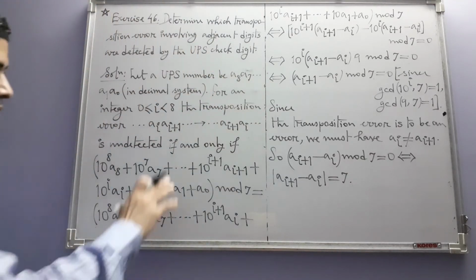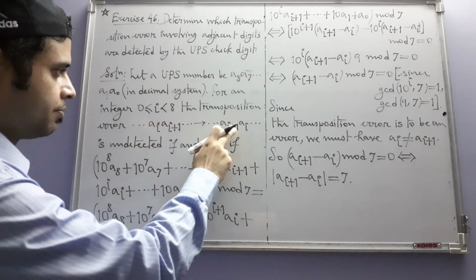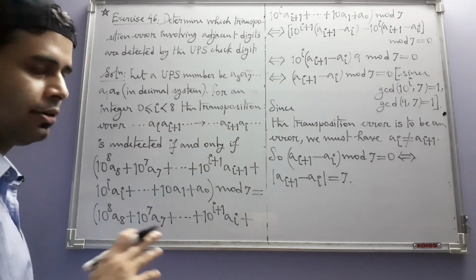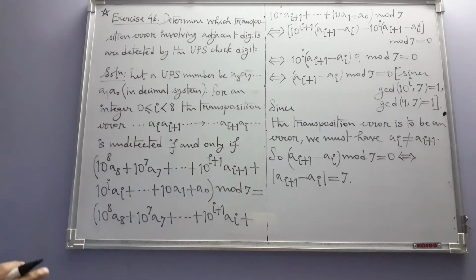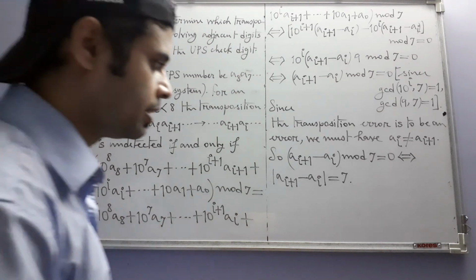Now this is a transposition involving digits that are in non-check position. Now what happens if we do this with the check digit?